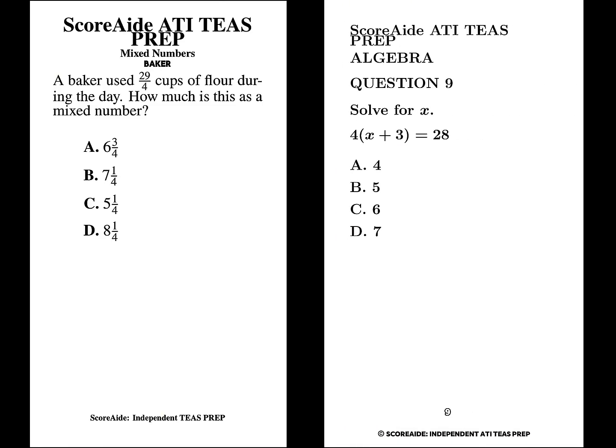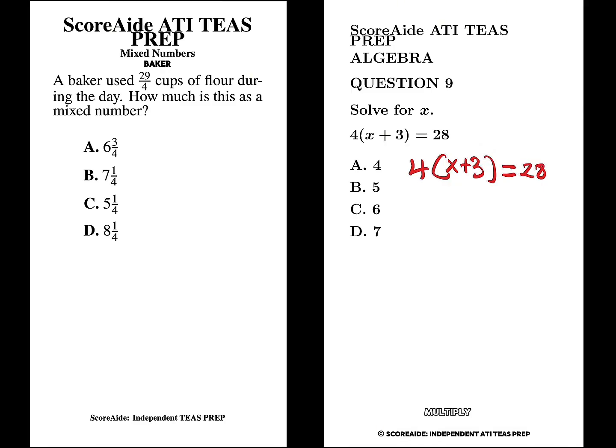Question 9. Solve for x. So we have in a parenthesis here, 4 parenthesis open, x plus 3, is equal to 28. So I'm going to show you guys 2 ways to solve this. Now, the first is the distribution law, right?